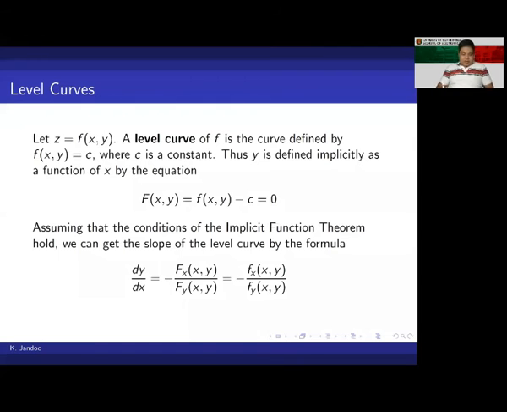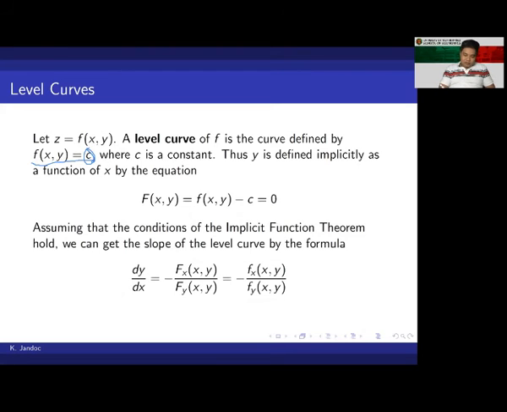So let's discuss an application of the theorem that we had earlier. This is helpful when we talk about level curves. Suppose you have an equation z equal to a function of variables x and y. A level curve is the curve defined by f(x, y) equal to c, so the function is equal to a certain constant, a number.